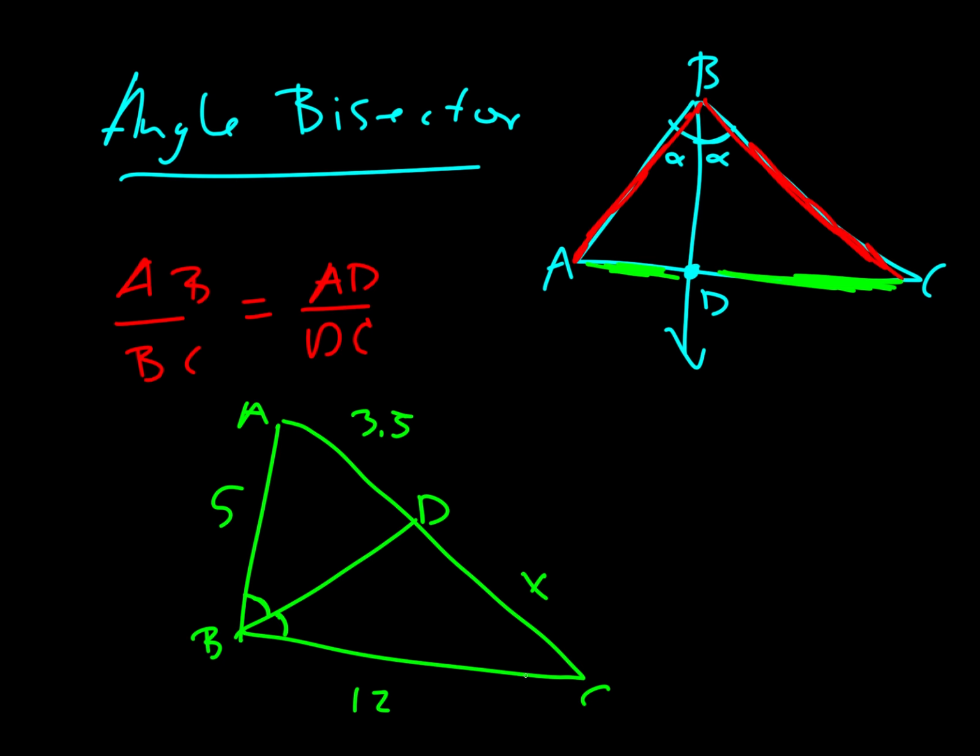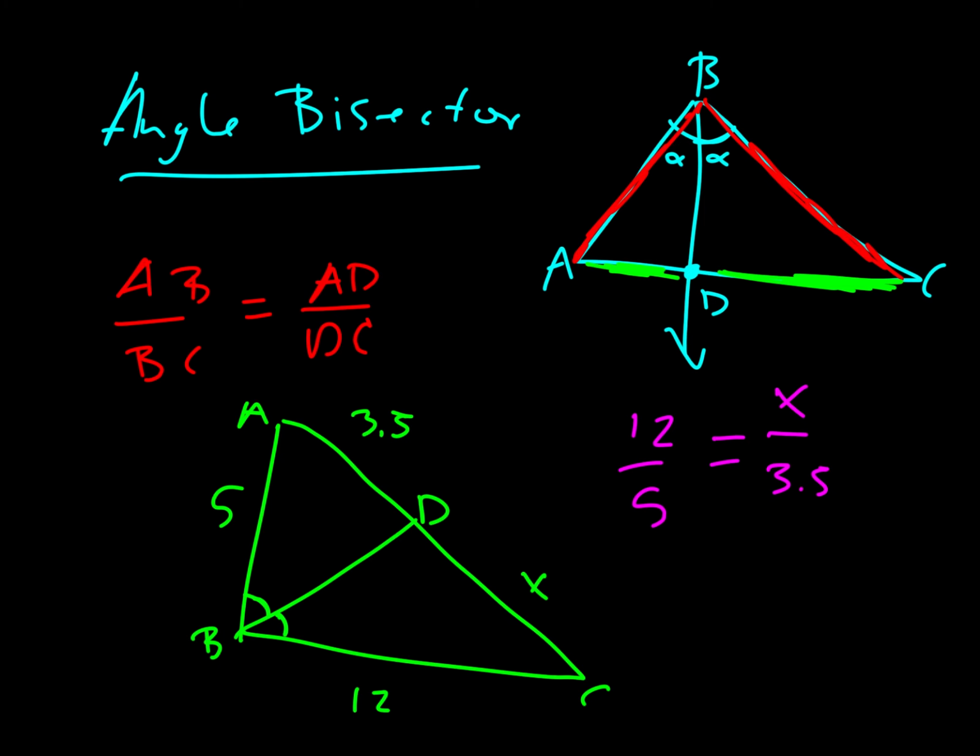And so we're going to do a ratio of the outside sides, so the 12 and the 5. Because we put 12 on top, it actually doesn't matter which one goes on top or bottom. But since we put 12 on top, we're going to put X on top because it's the adjacent piece to the 12. AB and AD are adjacent pieces right there. And then on the bottom goes 3.5.